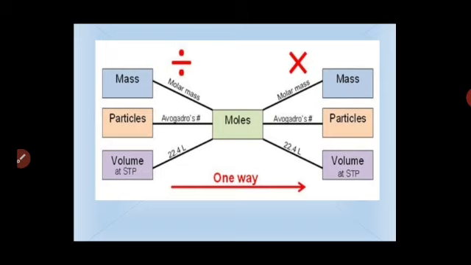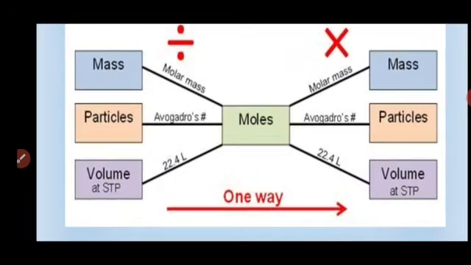Even volume can be converted into moles, and that's why mole is a very easy concept to understand, whatever may be the physical state of the reactant or product, though it is solid, liquid or gas. Instead of considering mass, particles, volumes, etc., we can directly consider the moles, and these are all interconvertible, and how to convert is given in this chart.